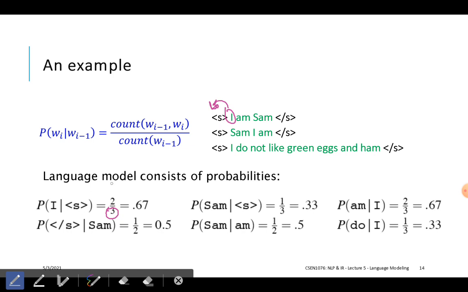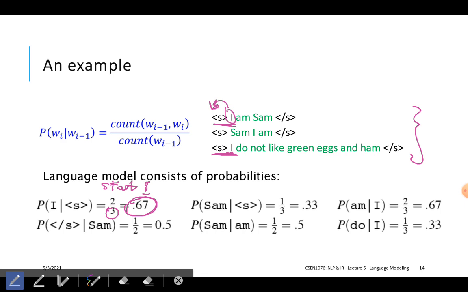So basically you want to count start of a sentence, then I, which is going to be 2 times, as you can see here. So basically the probability of having I after a start of a sentence is going to be 0.67. Does this reflect reality?